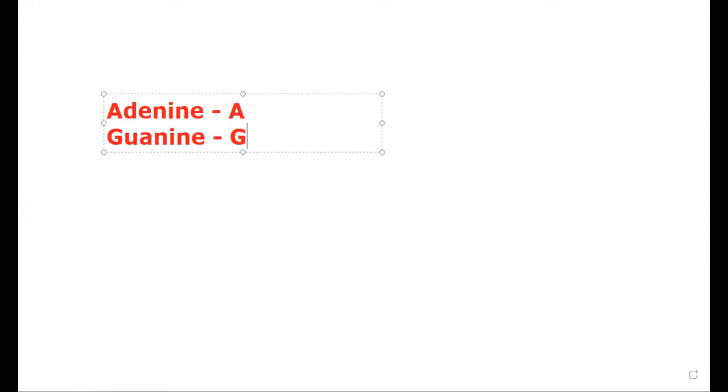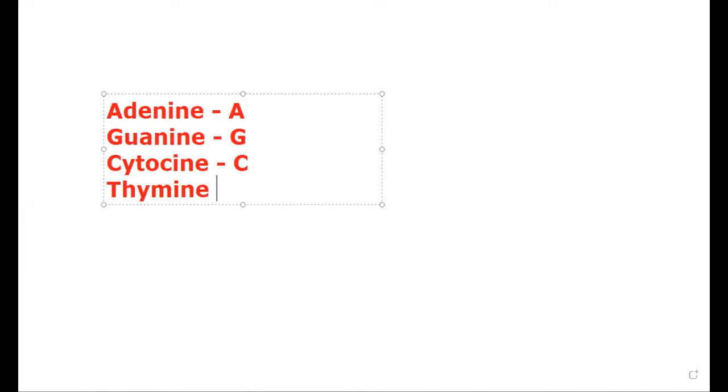You can't immediately take that into your memory. Adenine, we say A. Second, guanine, we say G. Third, cytosine, we say C. And last one is thymine, we say T. Could you please take it down?